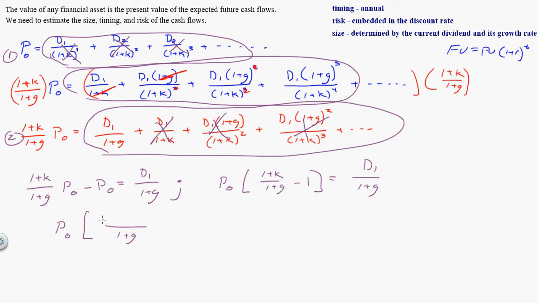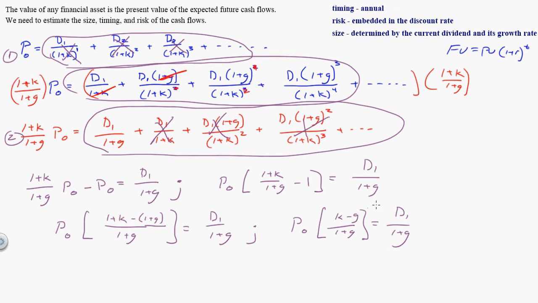So that's 1 plus K minus 1 plus G, the same thing as 1 plus K over 1 plus G minus 1. It's equal to D1 over 1 plus G. And then to make that a little simpler, P0 times K minus G over 1 plus G is equal to D1 over 1 plus G.